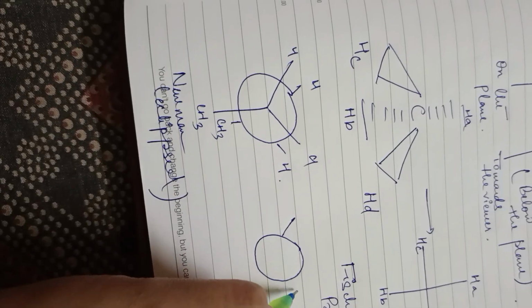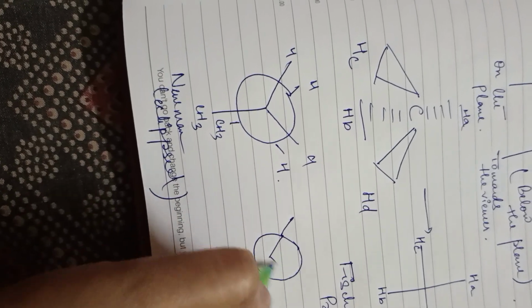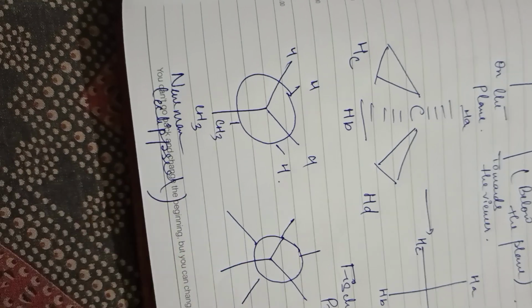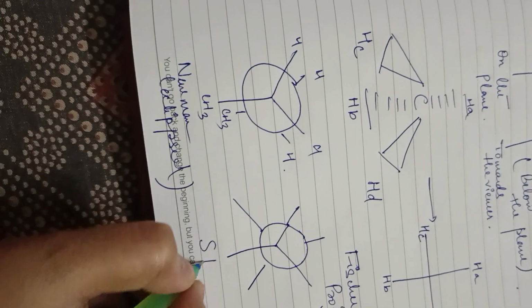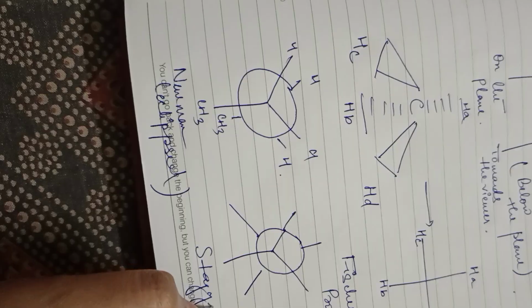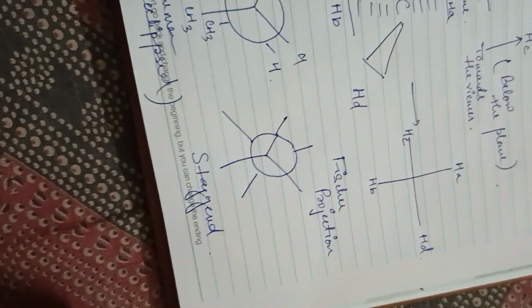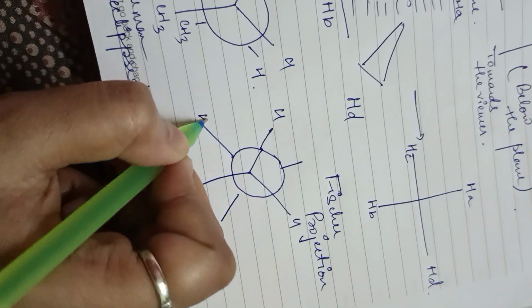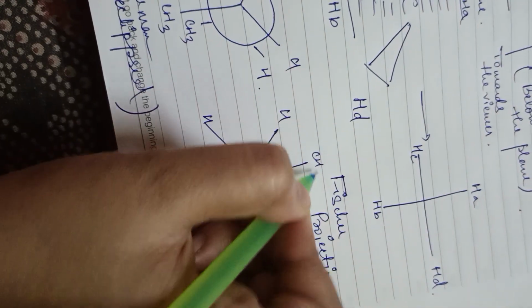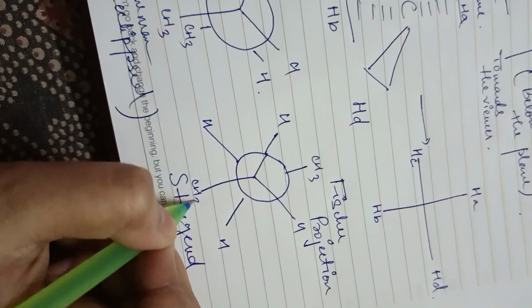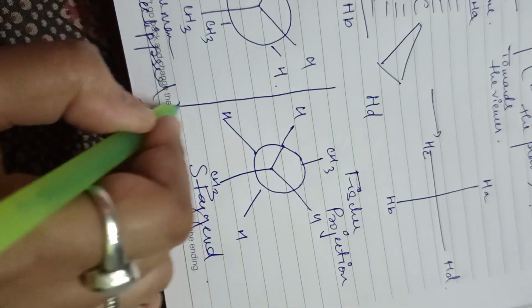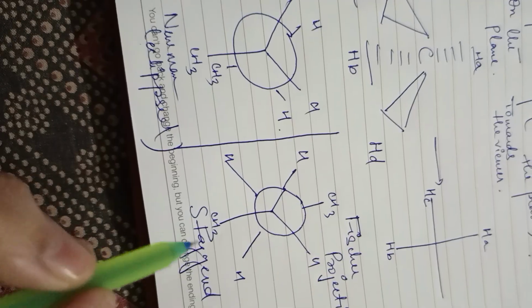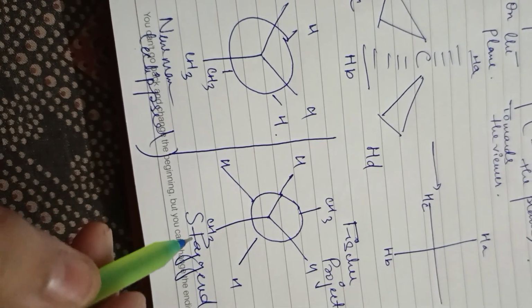And this one is your staggered. This is your Newman eclipsed, and this is your Newman staggered structure.